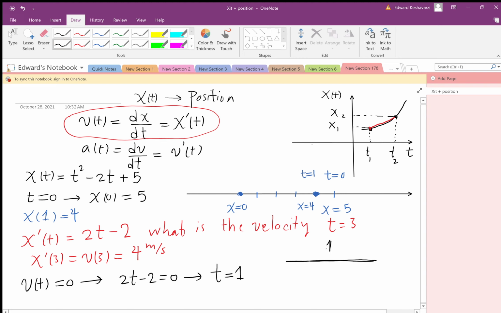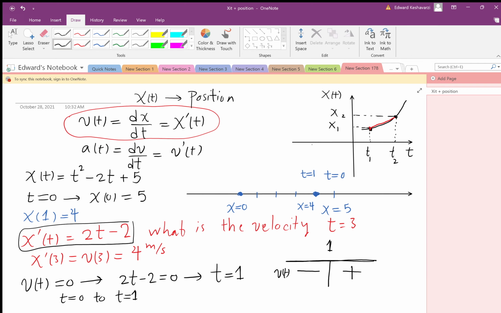So 1 is here, so velocity is here. So if you plug in a number larger than 1, the derivative or velocity is positive, and less than 1 is negative. So it means from t equals 0 to t equals 1, within the first second, the particle moves to the left side, it moves backward.